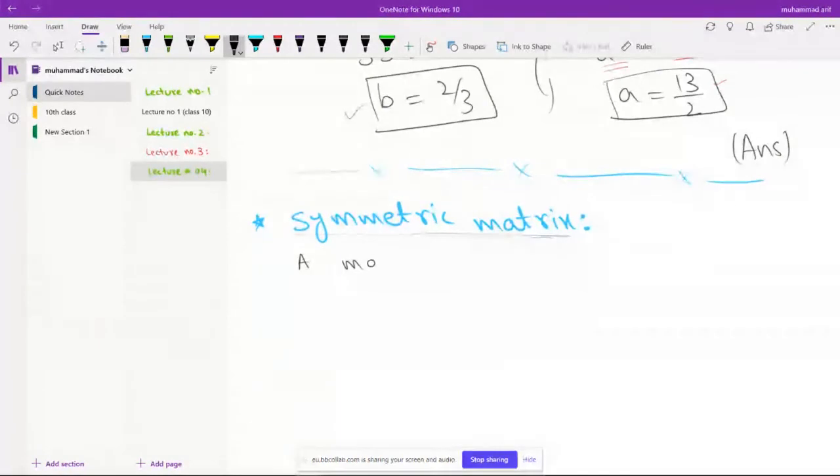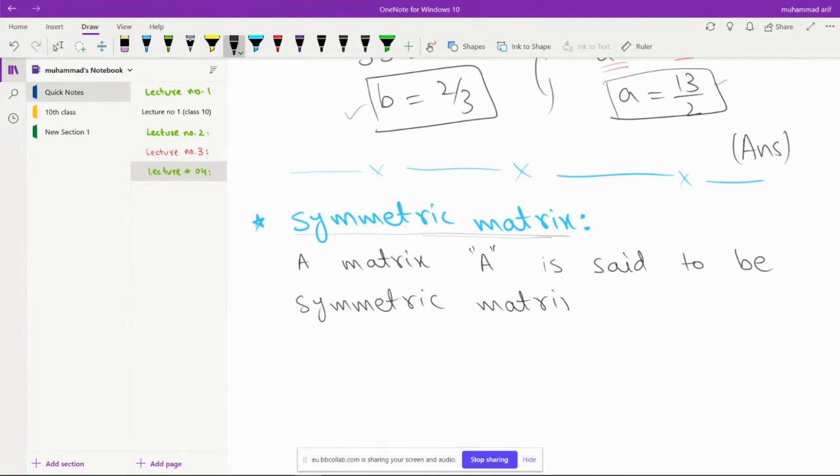A matrix A is said to be symmetric matrix if transpose of matrix A is equal to itself.